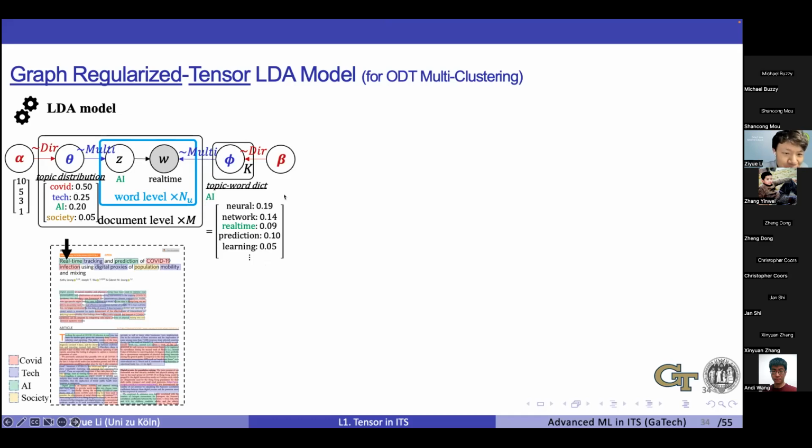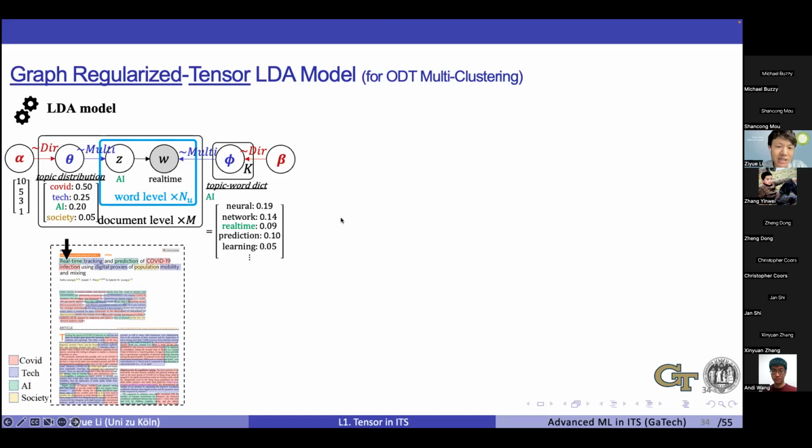But of course, these probabilities need to be learned so that we maximize the likelihood of the documents given theta and phi. So that's how the LDA model works.